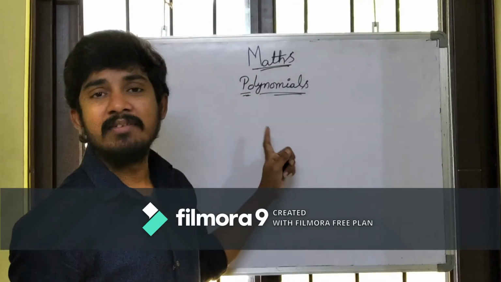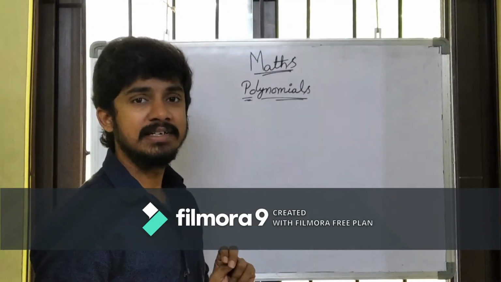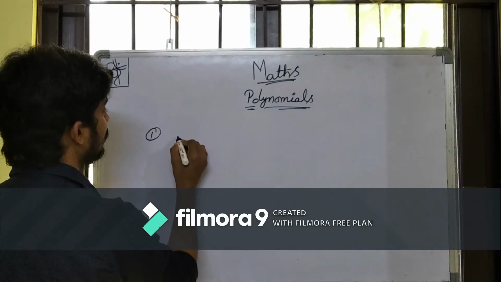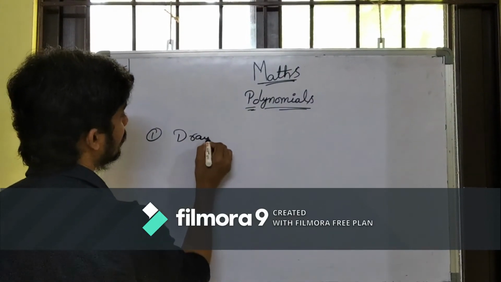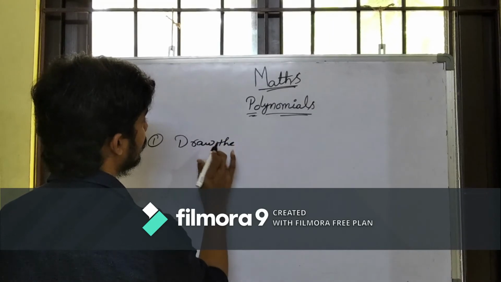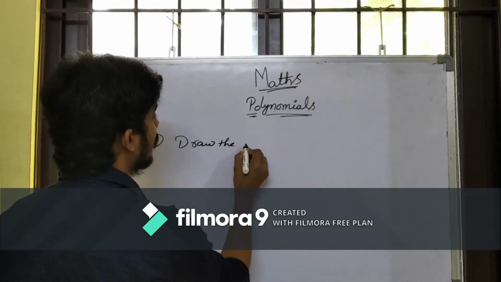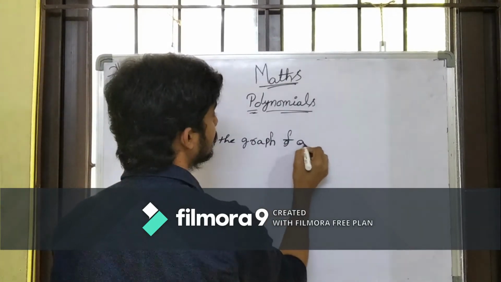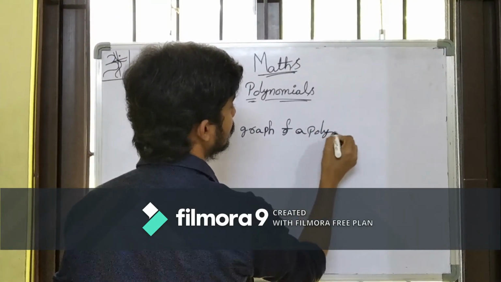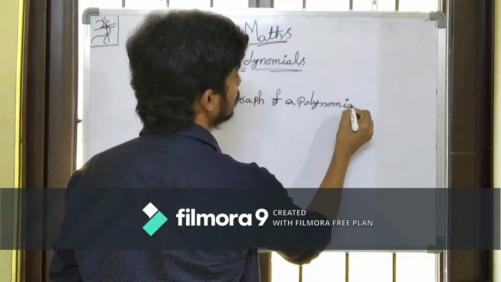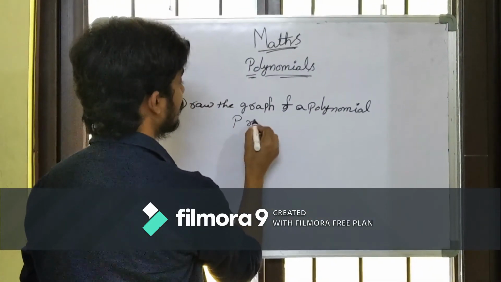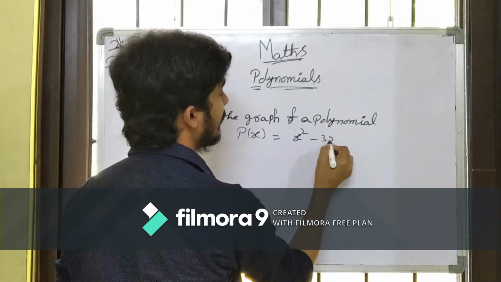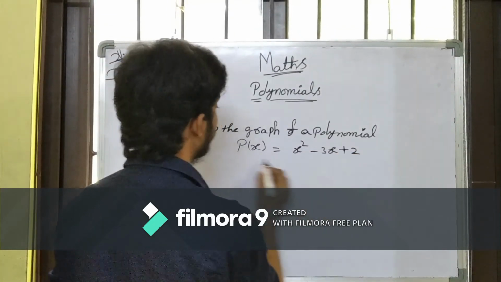For this topic, I will give you only 2 sums. First one is: draw the graph of the polynomial p of x equals x square minus 3x plus 2.